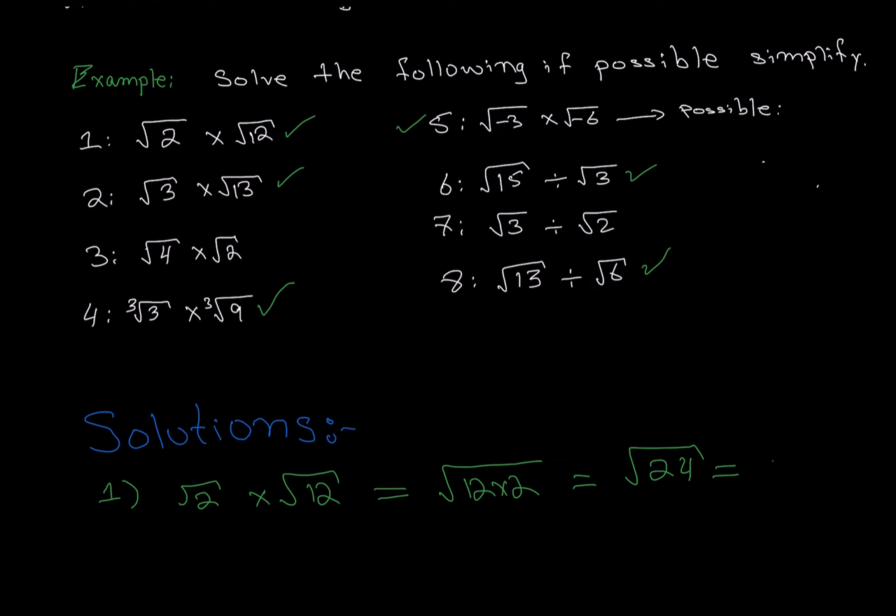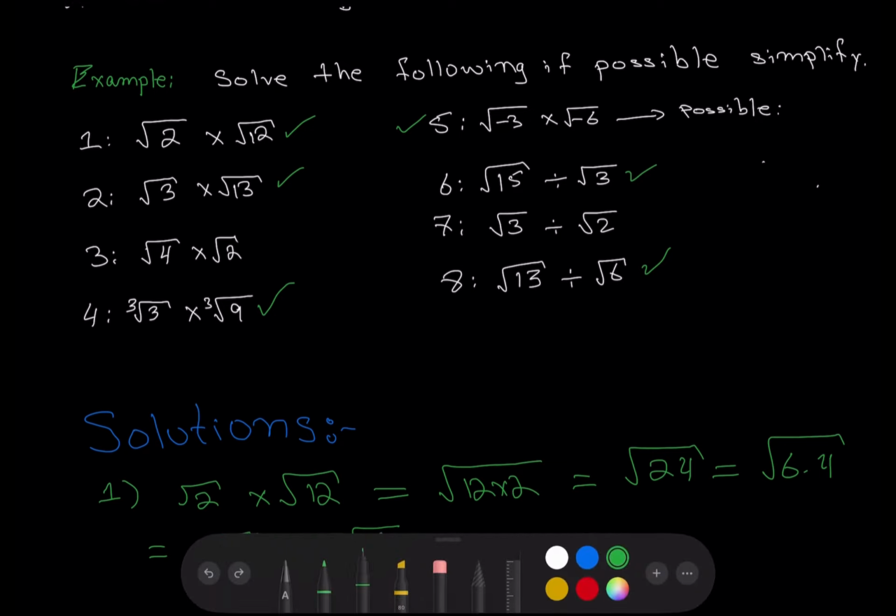We can do 6 times 4. 4 is 2 squared, so square root of 2 squared times 6. We can take that 2 out, and it becomes 2 square root of 6. If you want to take that back in, you have to multiply it by itself, which will be 4. 4 times 6 is 24. You can bring it back in, but this is just for the simplification step.